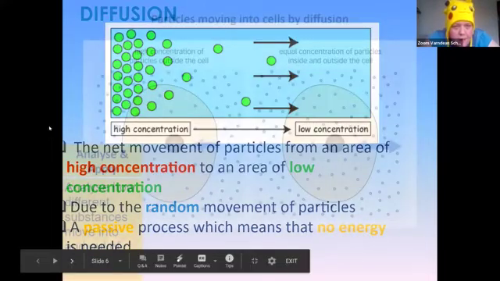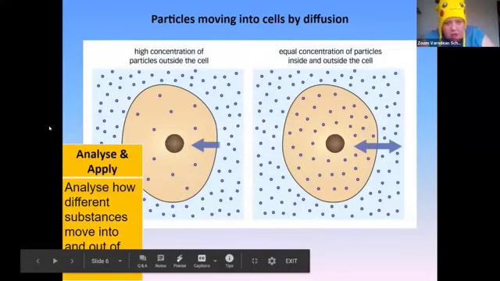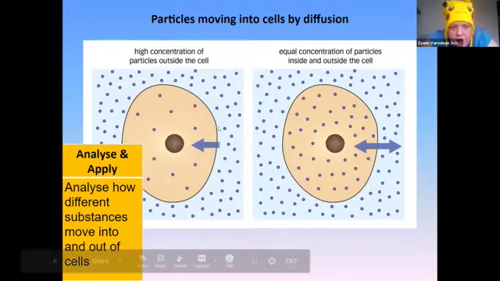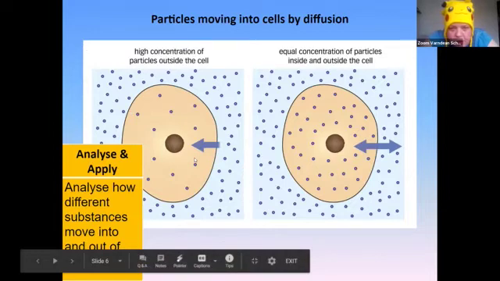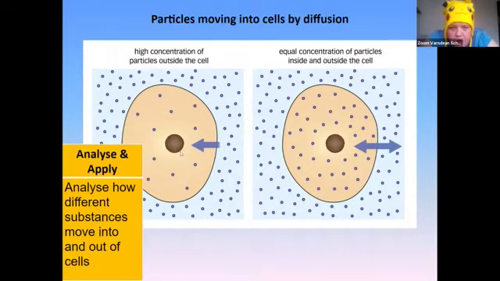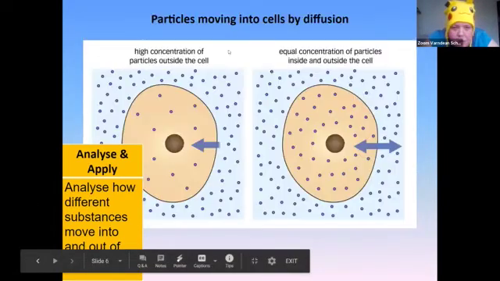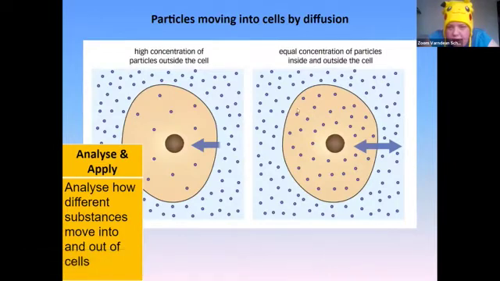So here is linking in with our biology because we've been doing cells. This is diffusion in a normal cell. We've got our animal cell, and you can see just visually by looking at it, we've got a high concentration of particles outside the cell and a low concentration inside the cell. And then over time, they balance out and you end up with an equal concentration inside and out of the cell.